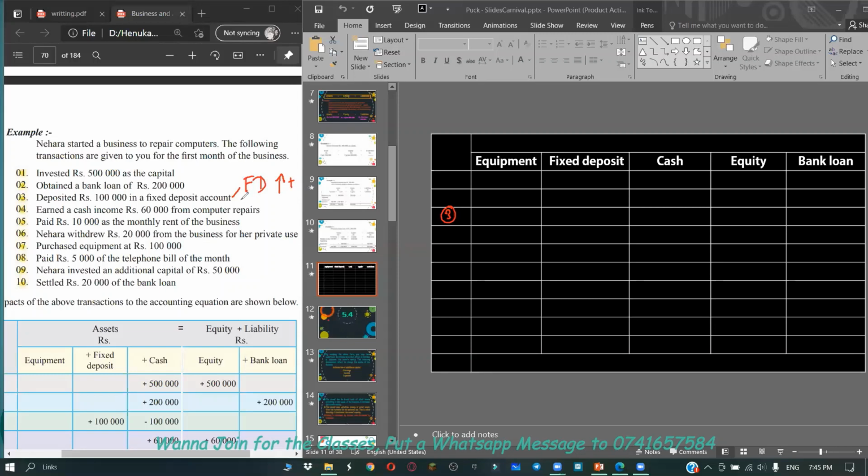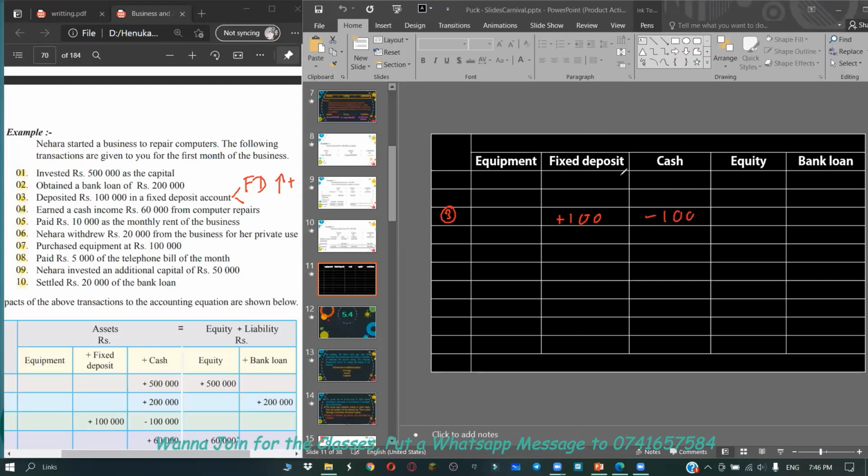First impact, I'll write it down, 100,000. Try not to look at the answer here, be honest with yourselves. I couldn't prepare more practice examples today, so I'll send it to the groups. So fixed deposit will increase by 100,000 and our cash will decrease by 100,000.